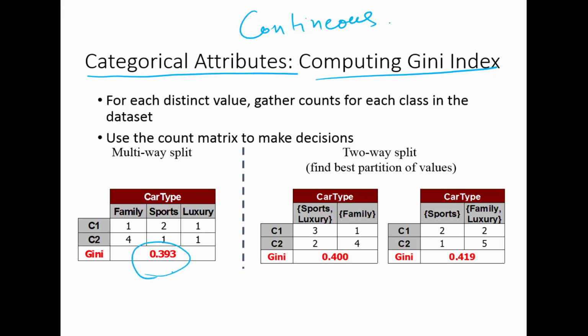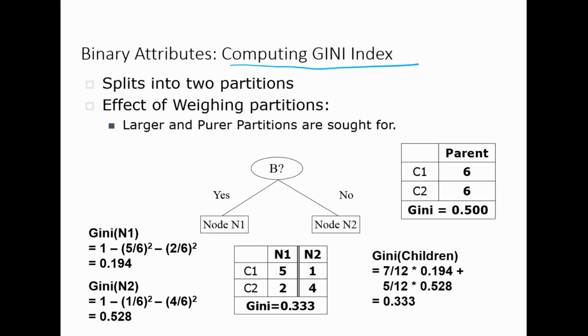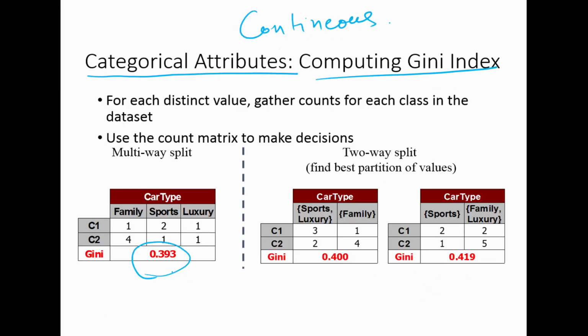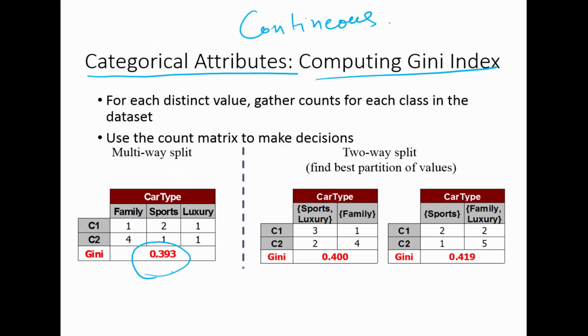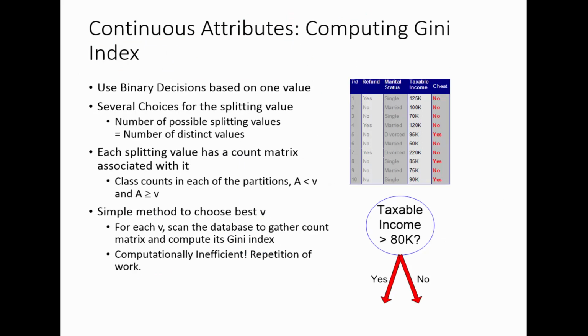You calculate the proportion and find it out. I won't go into the details of it, but all you need to know from this slide is that even for categorical attributes, you can use the Gini index and use that for splitting your data into different classes.